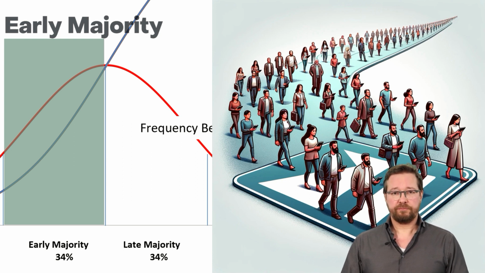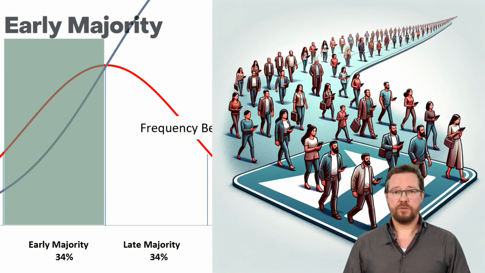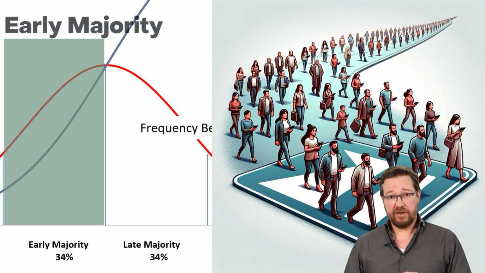This group, adopting just before the average market member, requires evidence of success and often succumbs to peer pressure or desire to match their peers before adopting new technologies. As Salesforce's SaaS model gained credibility, it attracted more pragmatic companies, especially larger ones needing solid proof of benefits, stability and scalability.